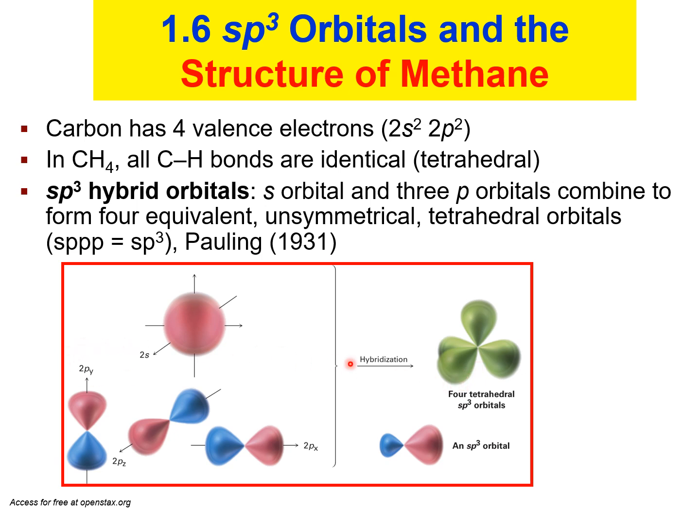We call it sp3 because it involves an s and 3 p orbitals to form the hybrid orbitals. This gives us 4, because 4 orbitals took part in the process.